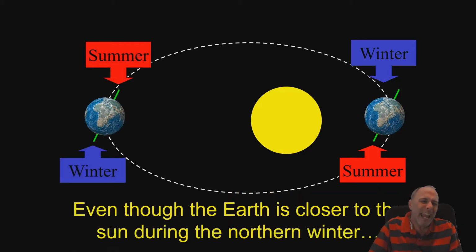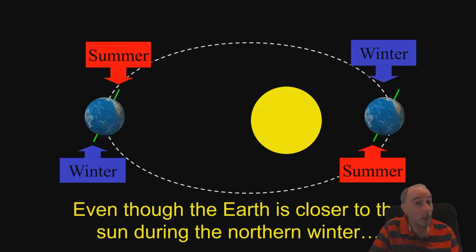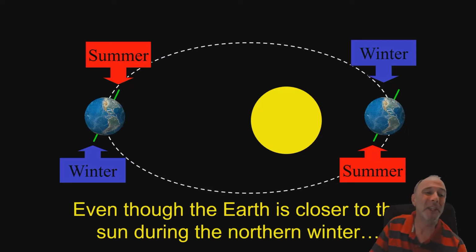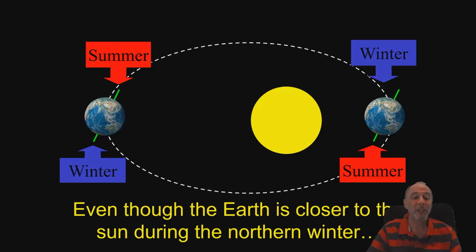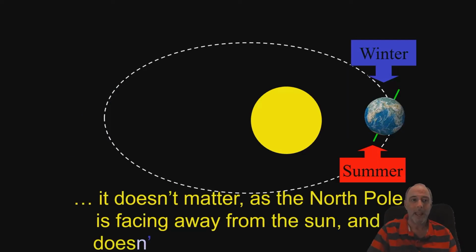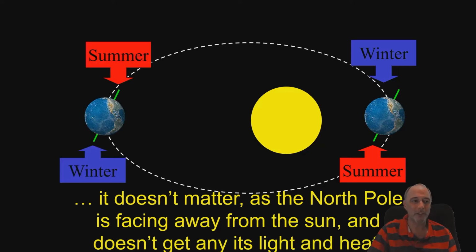So even though technically the Earth is closer to the sun during the northern winter, it doesn't matter, as the North Pole is facing away from the sun and it doesn't get any heat.